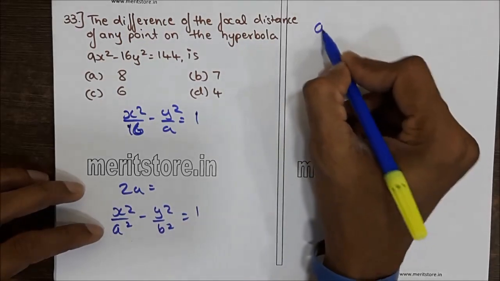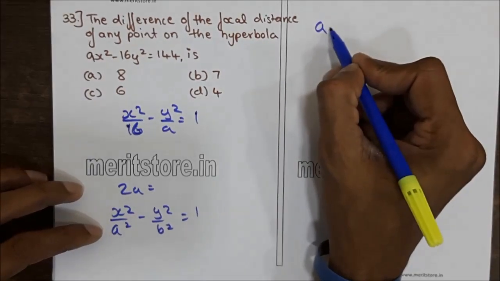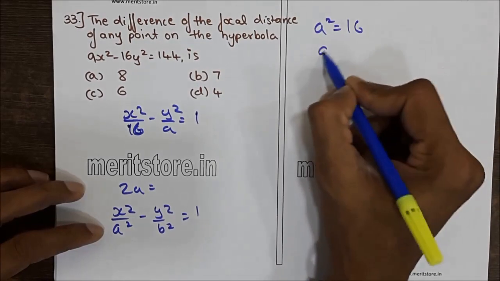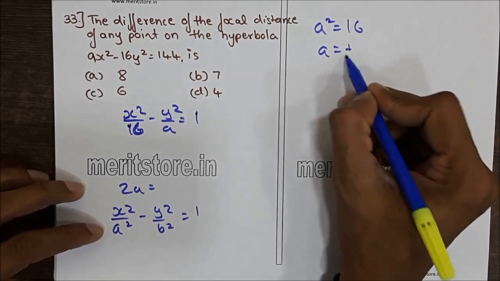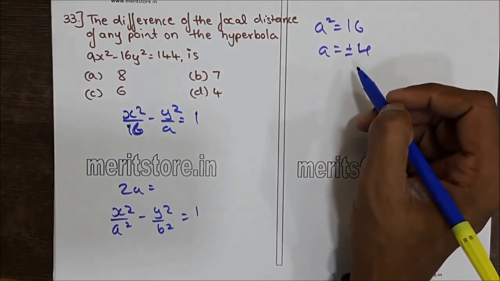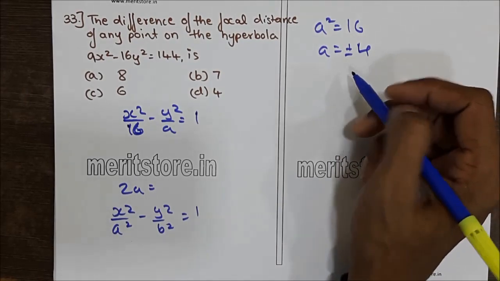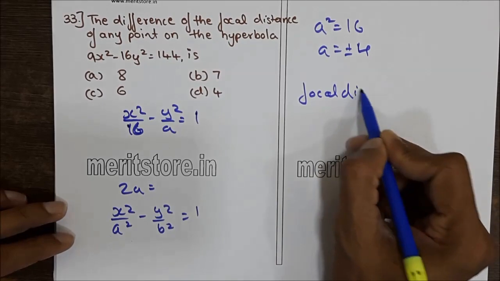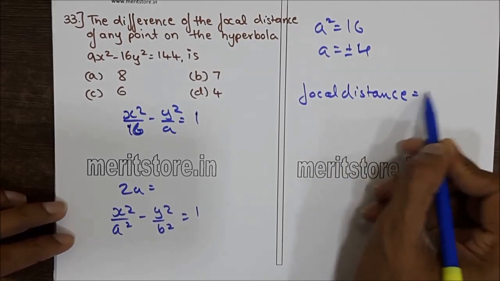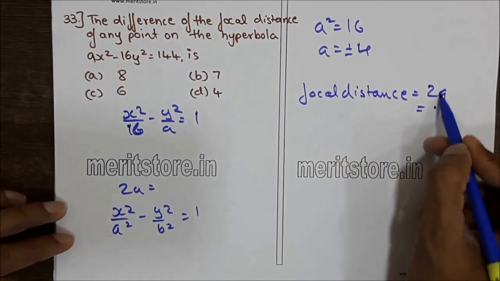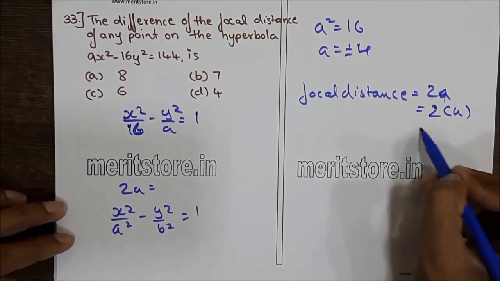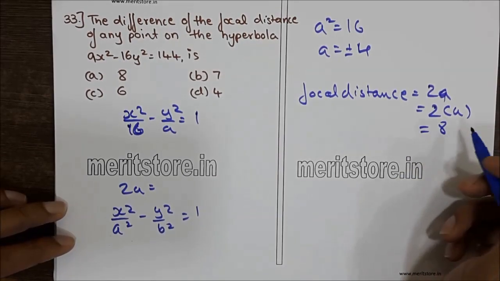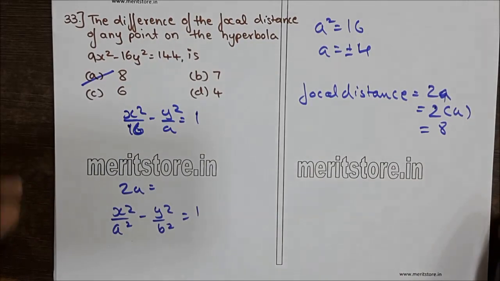So we get a square is equal to 16, which is a is equal to plus or minus 4. So the difference of focal distances is given as 2a. We substitute the value of a, that is 4, we get 8. So option A is the correct answer.